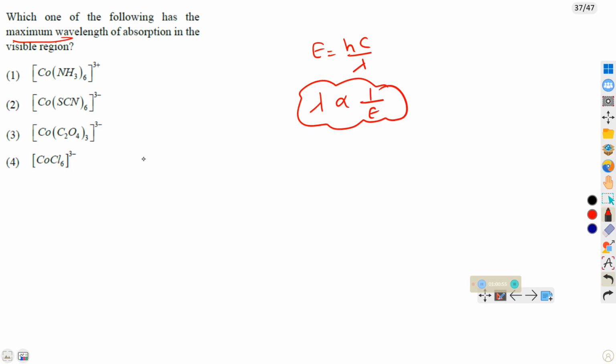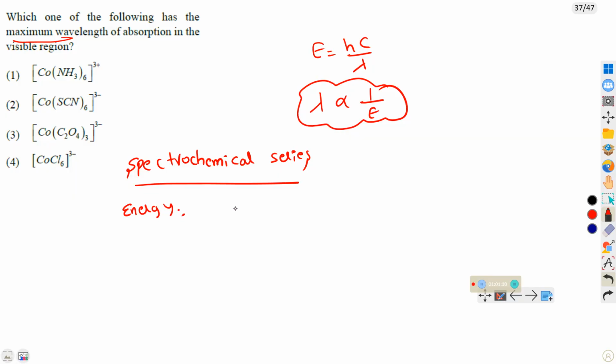Now, according to spectrochemical series, the energy order of ligands is Cl⁻ < C2O4²⁻ < SCN⁻ < NH3. Energy is inversely proportional to wavelength. Based on that, fourth option correct.